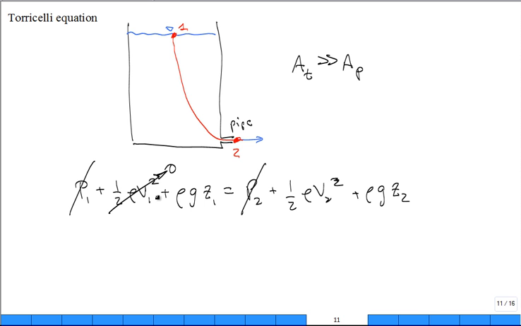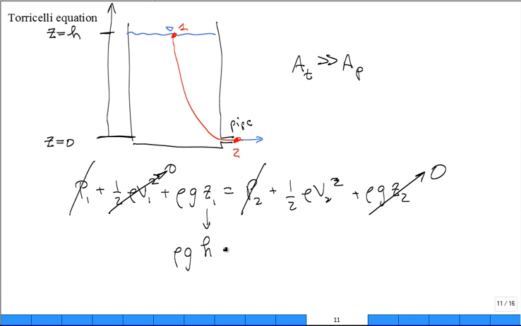Okay, and what we do is we introduce a coordinate system. So z is equal to 0 there, z goes upward, and z is equal to that height of the fluid level above the pipe. If you do that, z2 is 0, and z1 is h.